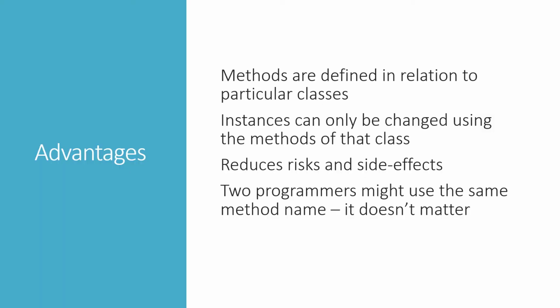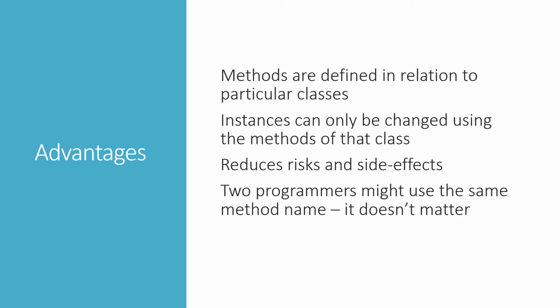So, if we're talking about polymorphism in the exam, we would start by explaining that methods only work within the class that they have been defined for. Instances can only be changed using the methods of that class. Methods from other classes can't start altering or affecting objects of a different class.